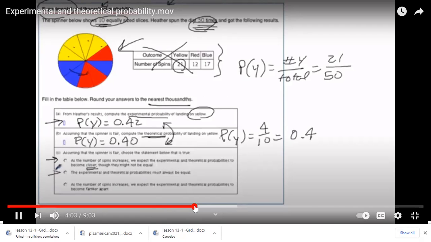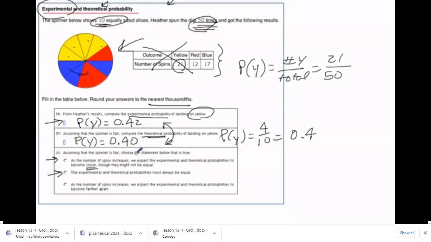One option says the experimental and theoretical probabilities must always be equal. Well, they're not equal here. They must not always be equal. Here's another option: as the number of spins increases, we expect the experimental probability and theoretical probability to be on par.